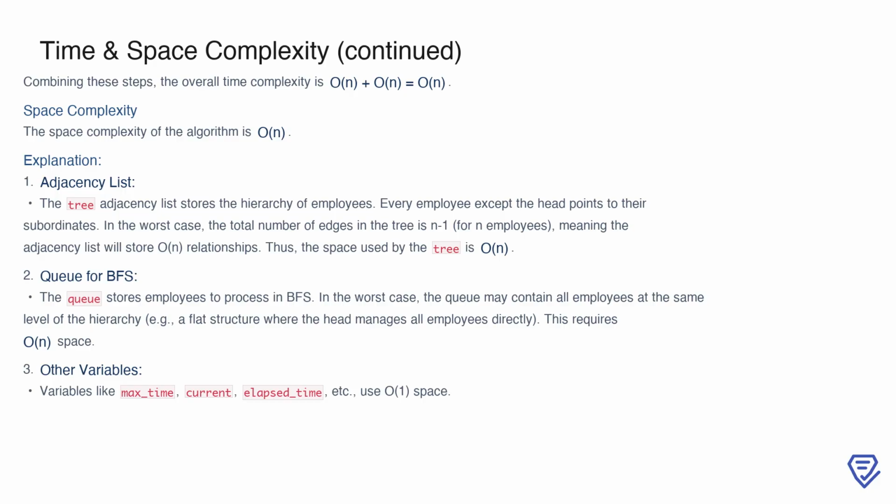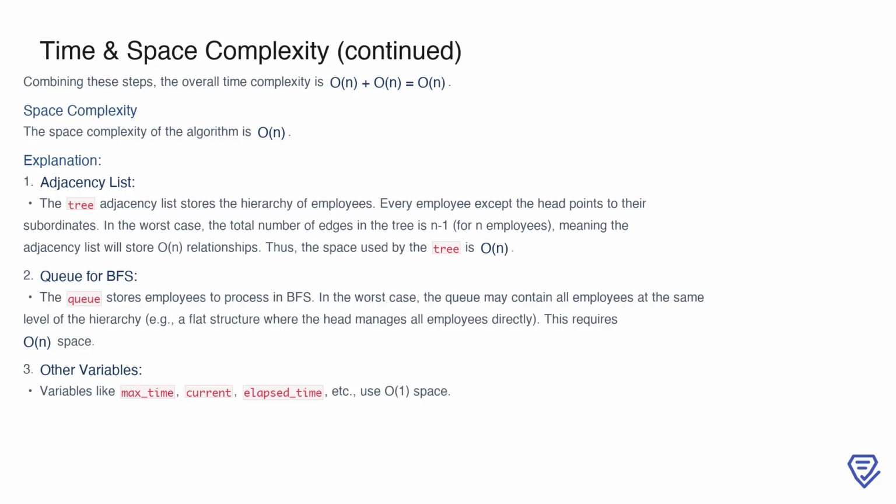This requires O(n) space. Additionally, the BFS queue can hold employees at the same level of the hierarchy. For example, in the worst-case scenario of a flat structure, where one manager oversees all employees directly, the queue could hold all n employees, adding another O(n) to space usage. Finally, variables like max_time and others used in the algorithm require constant space, O(1).